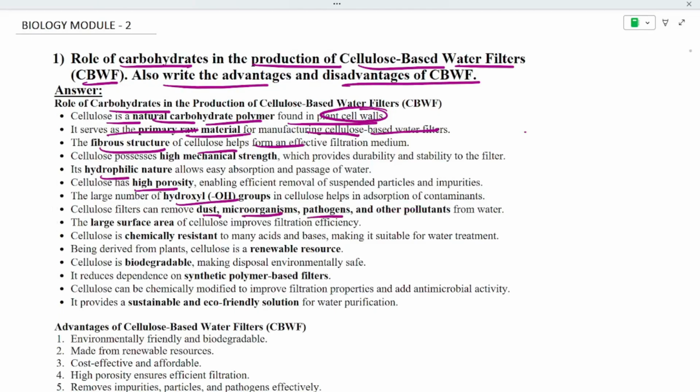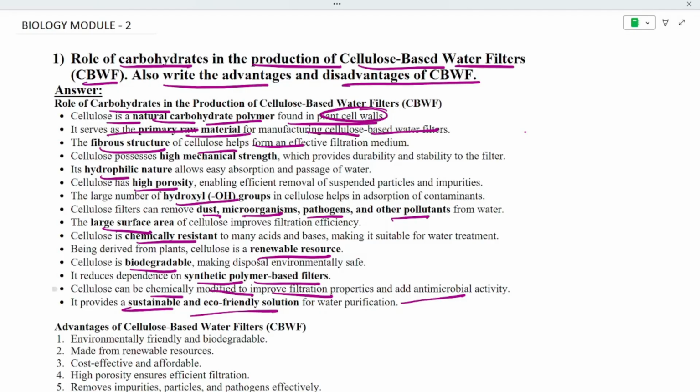It has a large surface area, it is chemically resistant, and it is a renewable resource. It is biodegradable, unlike synthetic polymer based filters, and it can be chemically modified to improve the filtration properties and add antimicrobial activities. It is a sustainable and eco-friendly solution for water purification.